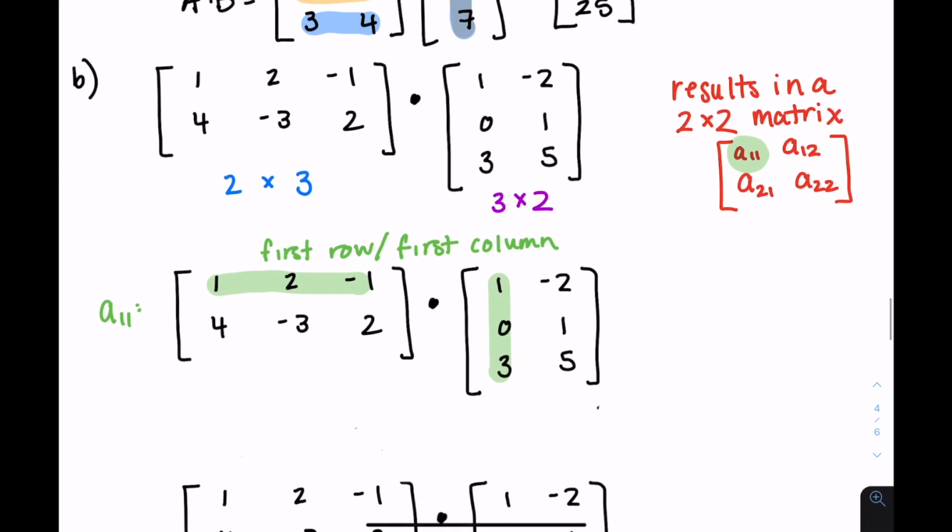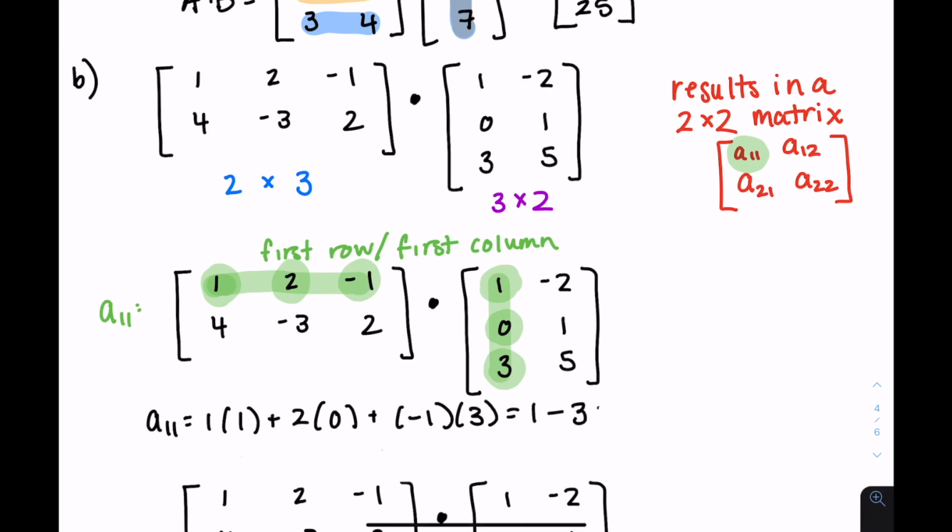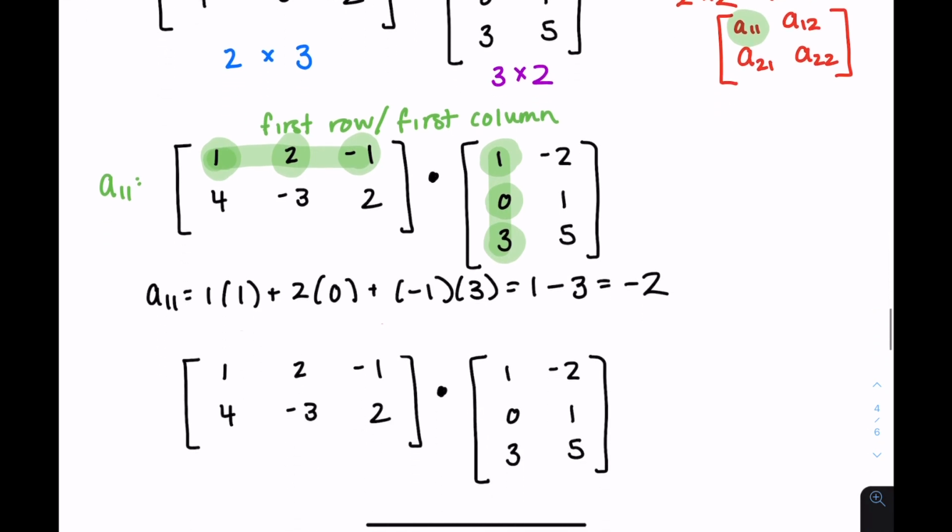So we're going to multiply those like pieces. You've got the 1 times the 1. We're going to add to that the next piece, which is 2 times 0. And then the last piece, which is negative 1 times 3. So this just gives us 1 plus 0 minus 3. And so the element that'll go in the first row, first column is negative 2.